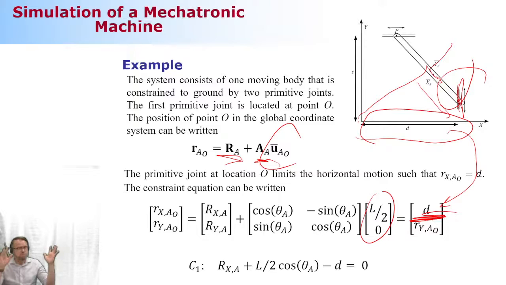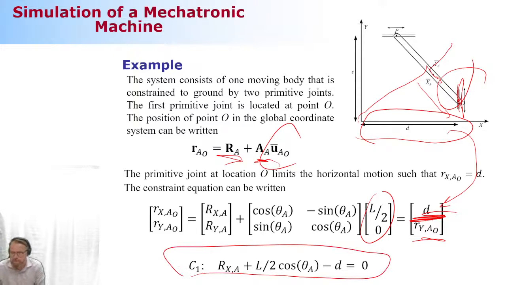It cannot move anywhere else except the position d along the global x-axis direction. The rest can move as it wants. This gives me the first constraint equation: you take this rotation matrix multiplied by this vector. Simple. You move everything to the left side of the equation. That's your first constraint equation.